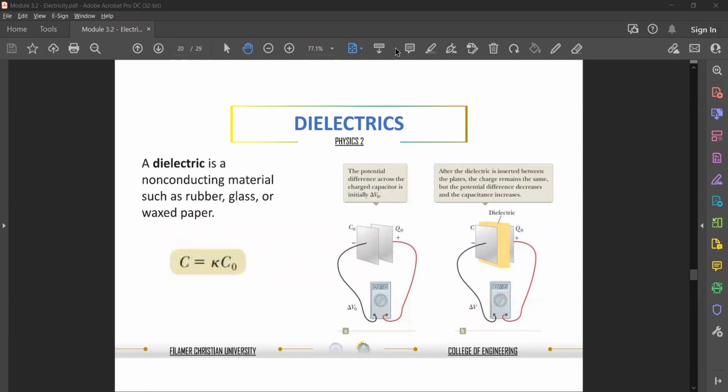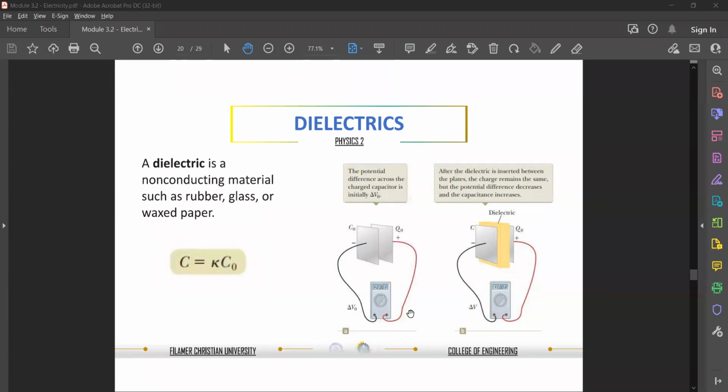Okay, let's move on to the dielectrics. Ano yung dielectrics na tinatawag? So, electric material, such as rubber, glass, or wax paper. Okay, so we have here the formula. That is C is equal to K multiplied by C sub 0.